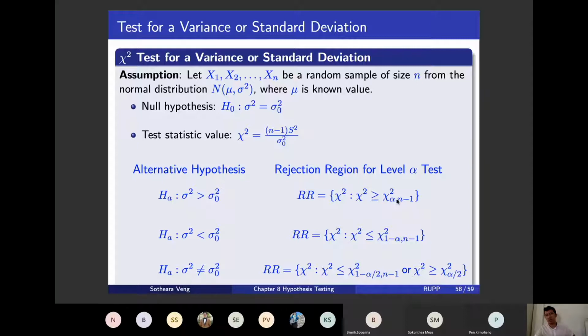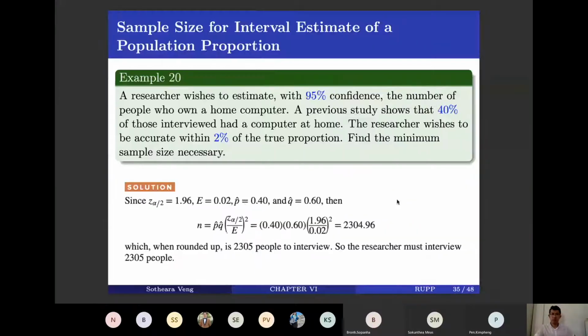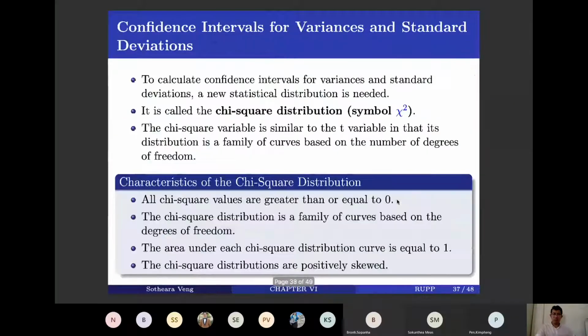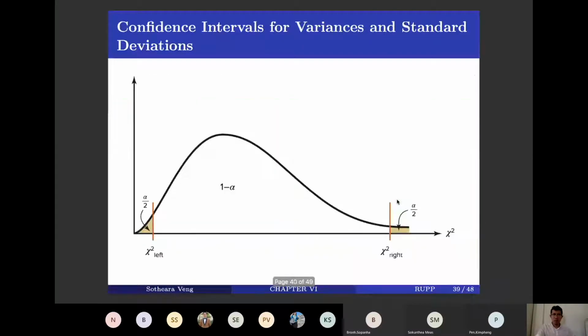At that time, we called the chi-square left and chi-square right. That is what it means, right?